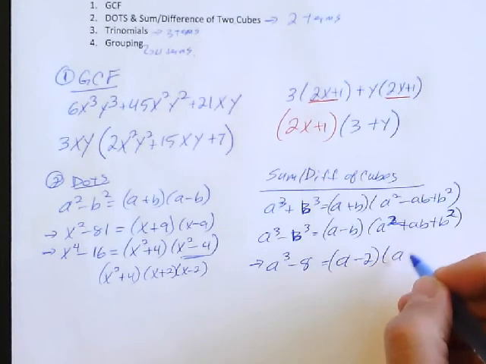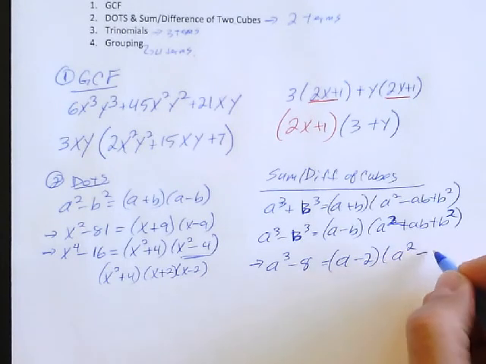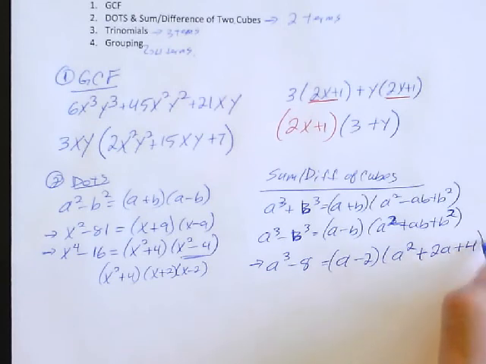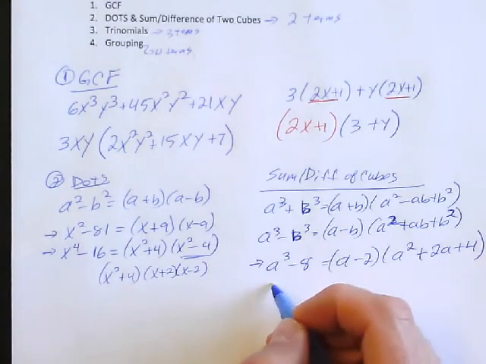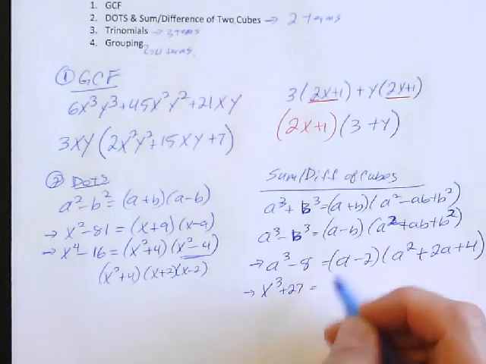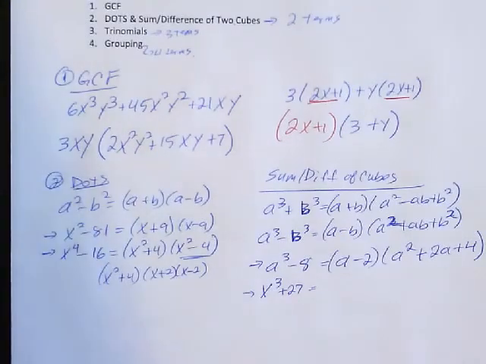So just as an example, a to the third minus 8 would be a minus 2 times a squared plus 2a plus 4. Okay.